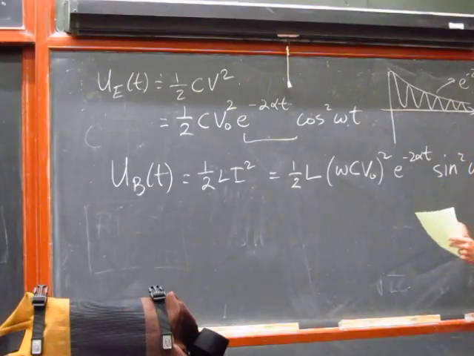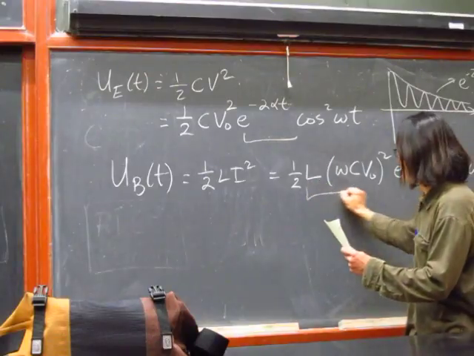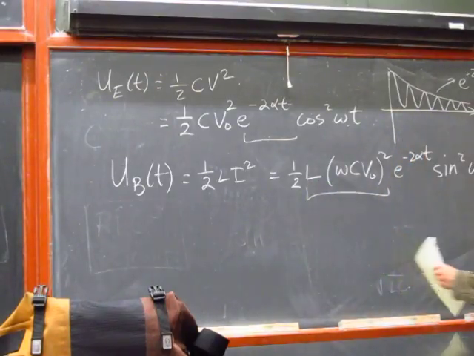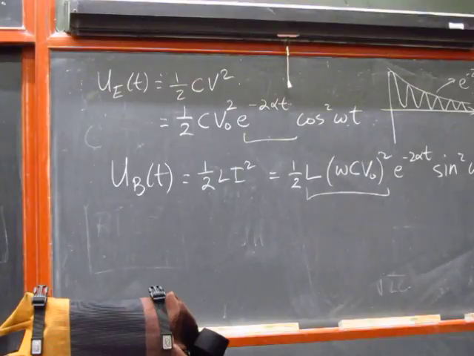Right? And if you look at this term here, remember omega squared is equal to omega naught squared minus alpha squared, right? Since omega naught is much larger than alpha, omega is approximately equal to omega naught, right?